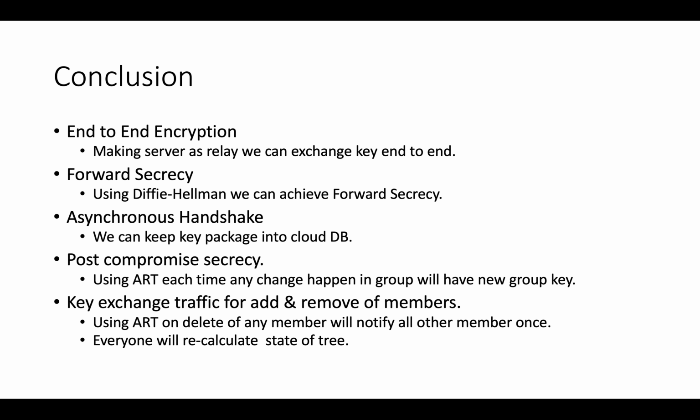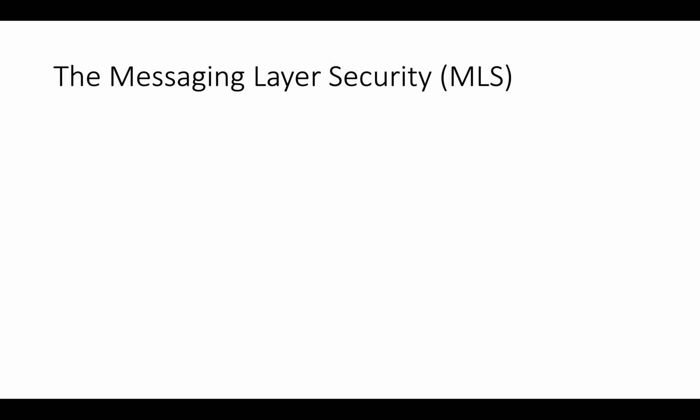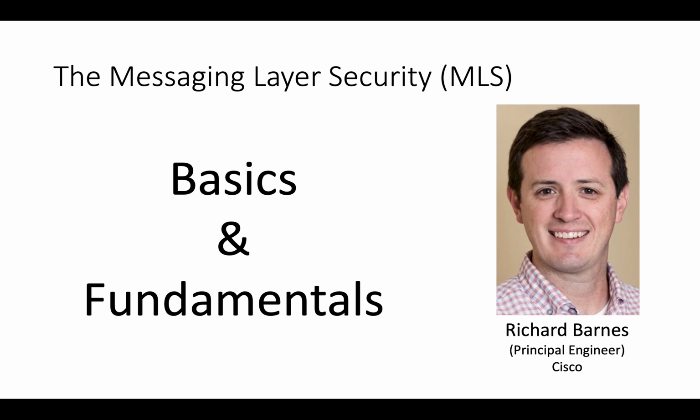There are many more things for you to explore in the IETF draft of MLS, like why MLS is called double ratchet, how MLS derives a new key for every single message, how double ratchet increases forward secrecy, and what are welcome, proposal, and commit messages. And with all this information, we have finished the messaging layer security basics and fundamentals.